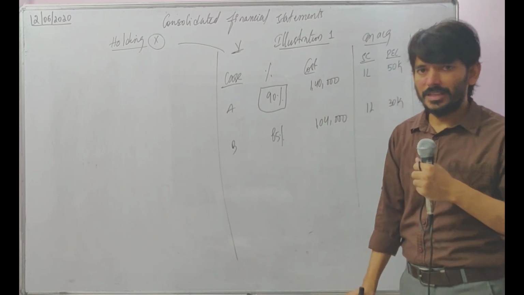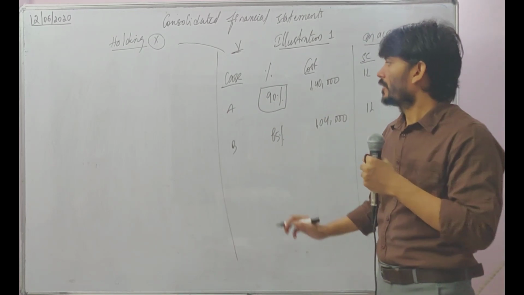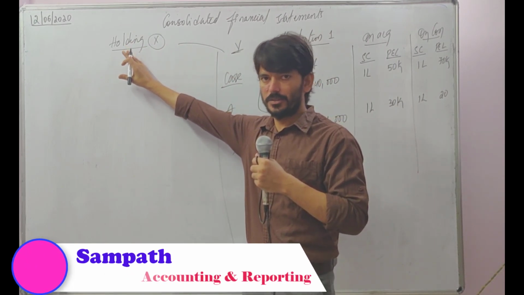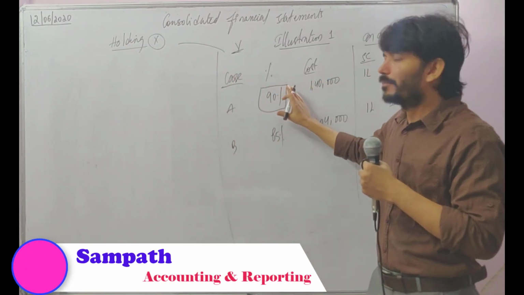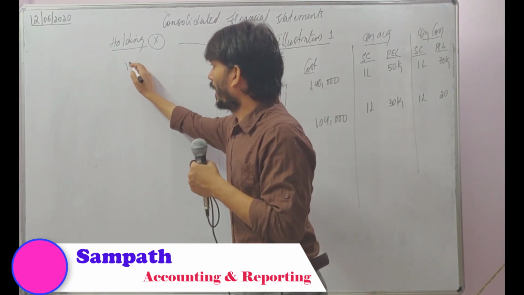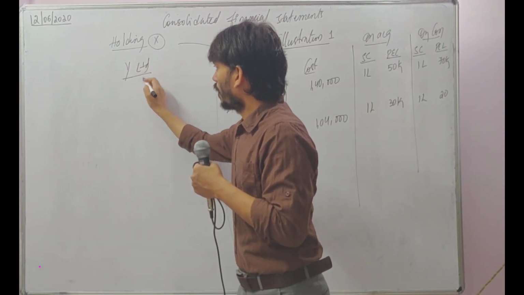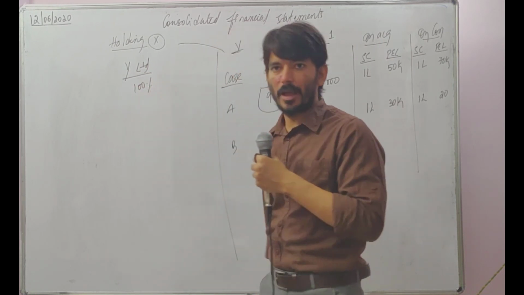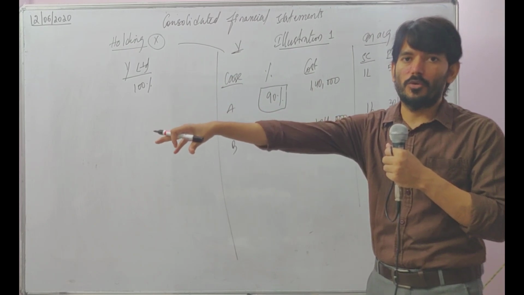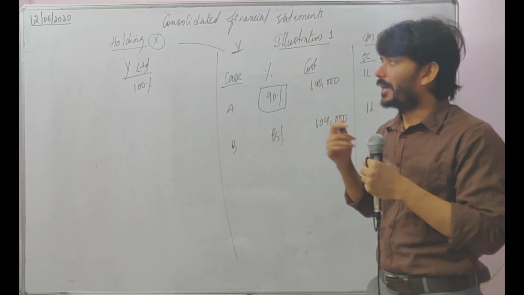90%. In the last video I have explained, whatever is held by you is the holding company's shareholding pattern. The remaining will be minority interest. In simple words, for Y Limited, obviously they will have 100% of the capital, 100% of the ownership. Out of that 100% ownership, I am purchasing 90%.